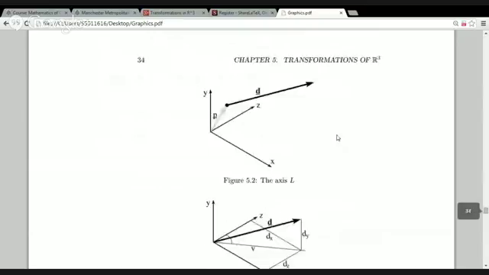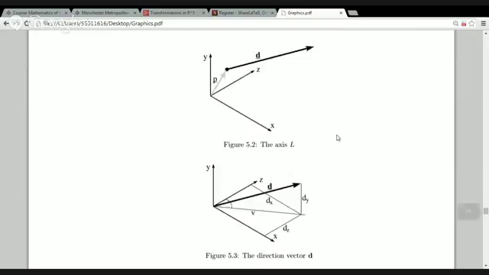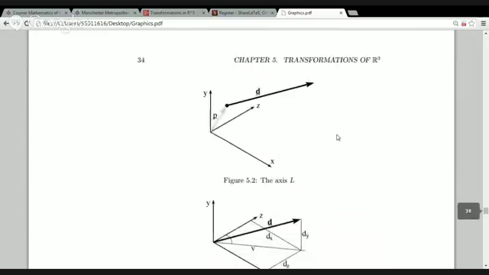So the ingredients for building the general rotation matrix will be translations and the 3 types of rotation. What we're going to do first is shift the whole space so that the line, the rotation axis, is brought back to the origin.